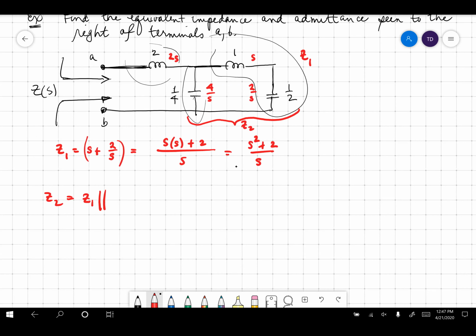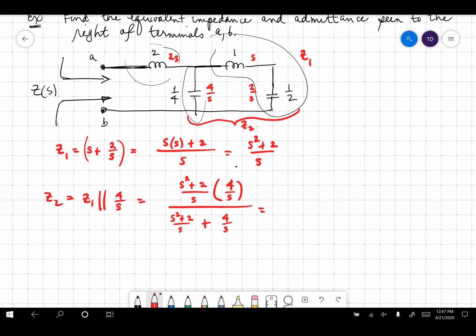That's Z1. Let's let all of this be Z2. So it's going to be Z1 in parallel with 4 over S. So that's the product over the sum. S squared plus 2 over S times 4 over S, product over the sum, S squared plus 2 over S plus 4 over S. That's nice in the denominator.